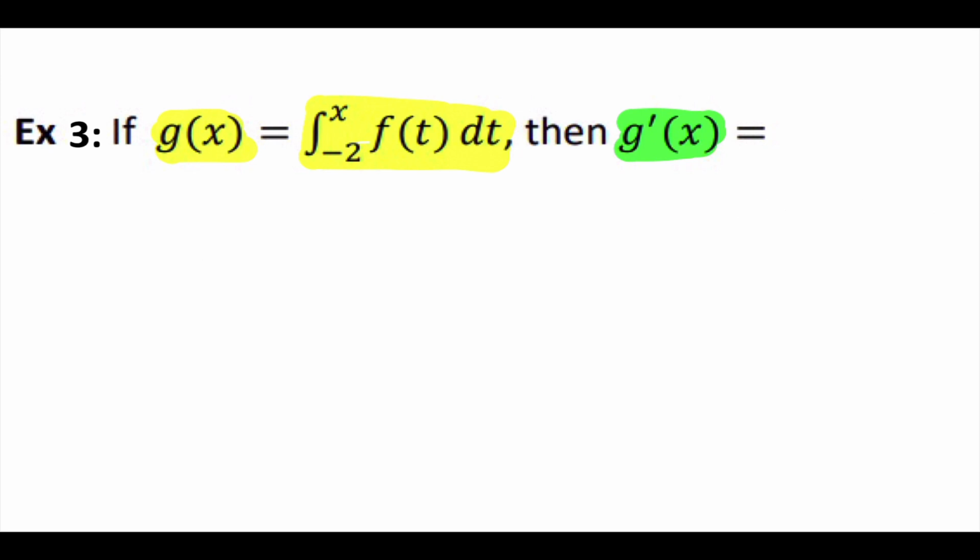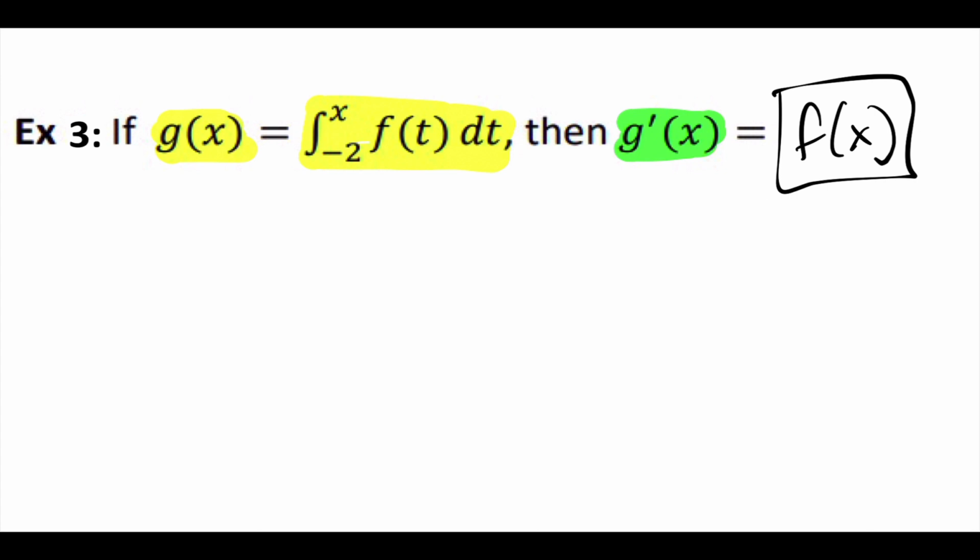It's just worded differently. There's no d/dx, but it's essentially asking the same question. If you're finding the derivative of this guy, and this guy happens to be an antiderivative, don't the derivative and the antiderivative cancel each other out? So essentially all we're doing is moving this guy here, and you have f of x.